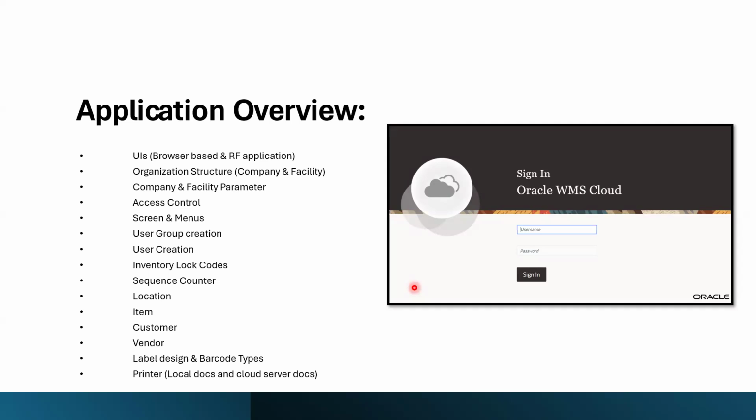So all those things we'll see first. Does this share the item master with inventory? Yes. It depends on your business, because most of the time the item master is kept in inventory, and then we interface it to the WMS. So whatever changes happen in inventory will come here in WMS.